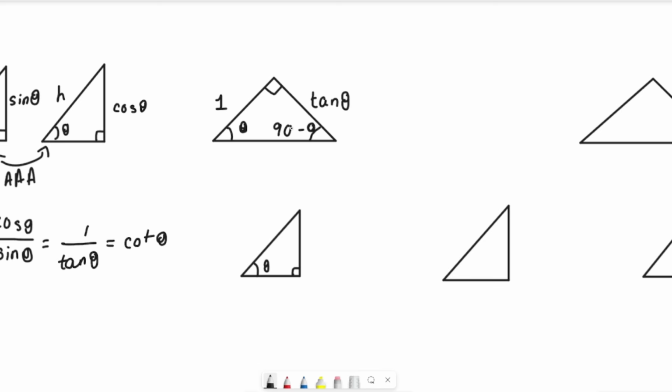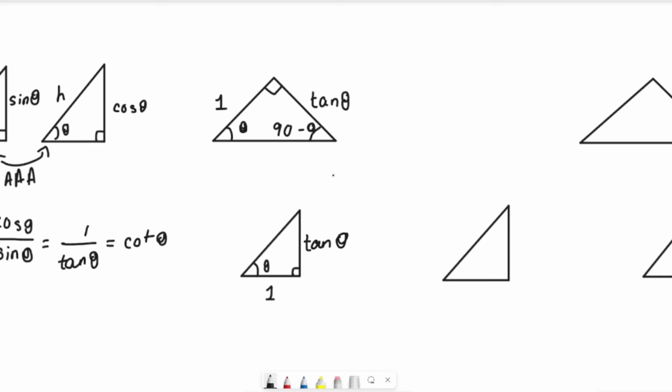And notice that on this, theta is here. So this is 1 is the adjacent. This is the adjacent. And this is the opposite, because this is opposite to theta. So this is tan theta.